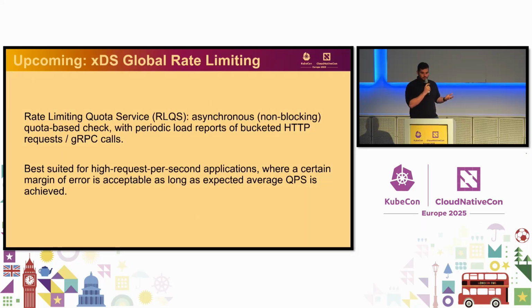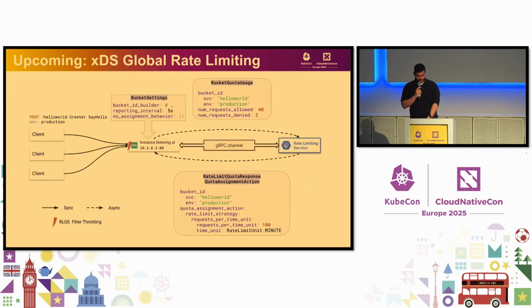With xDS global rate limiting, gRPC servers natively implement this rate limiting functionality directly in the gRPC library in conjunction with a control plane. This feature leverages the existing xDS protocol for service mesh, as well as a new RLQS protocol designed specifically for aggregating load information from servers and asynchronously programming rate limiting policy from a globalized control plane. This means that you get the benefits of global rate limiting decision making and also the benefits of a completely decentralized data plane.